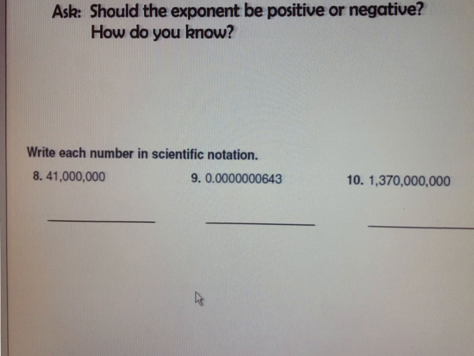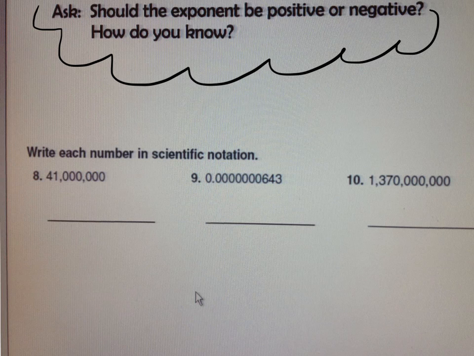All right, again, before you sit down to do some problems, think about, should my exponent be positive or negative? How do you know? All right, we're going to write each number in scientific notation. We're going to start by writing the first factor as a number between 1 and 10, 4.1. So 4.1, then let's figure out times 10.